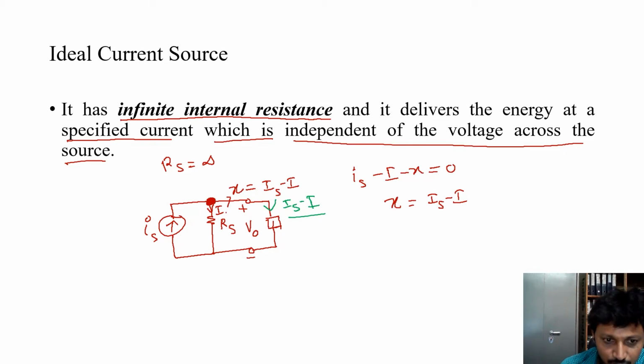It means this is the voltage across the source, and Is minus I will not depend on it. Current is constant regardless of the voltage. Whether voltage increases or decreases, whatever it may be, the current will be constant.